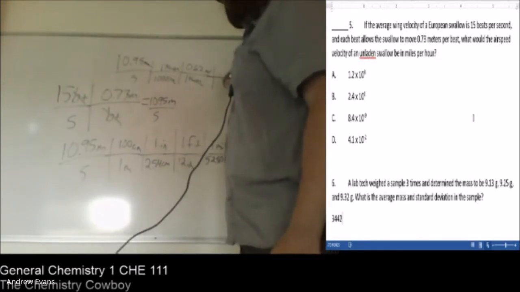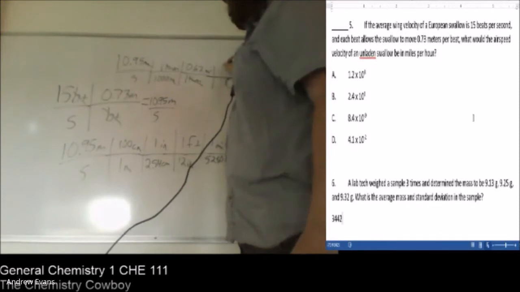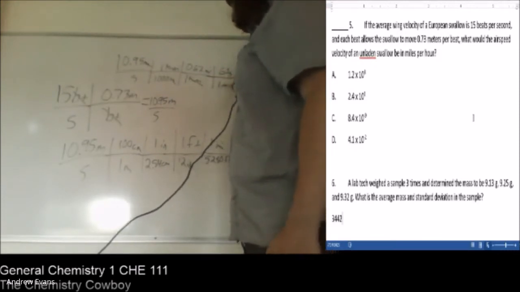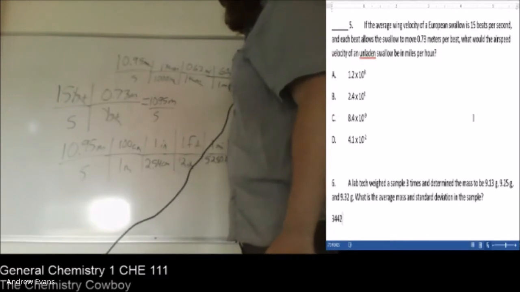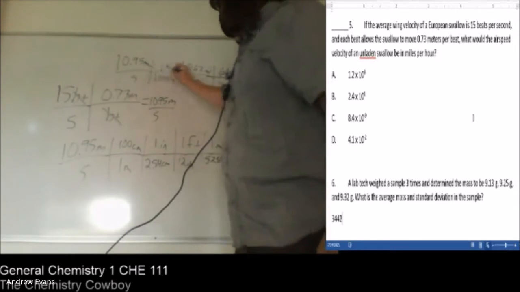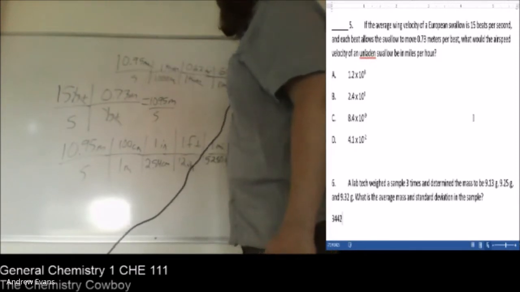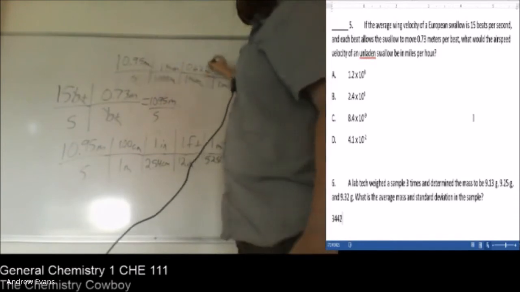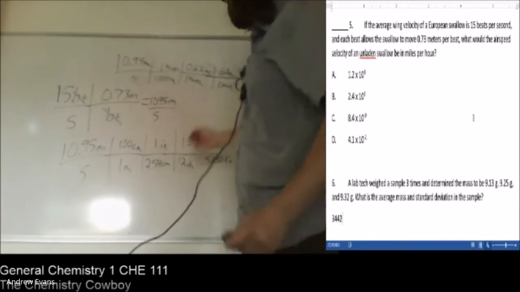Next step is there are 60 seconds in a minute, 60 minutes in an hour. Minutes cancel minutes, seconds cancel seconds. We are left with miles per hour.